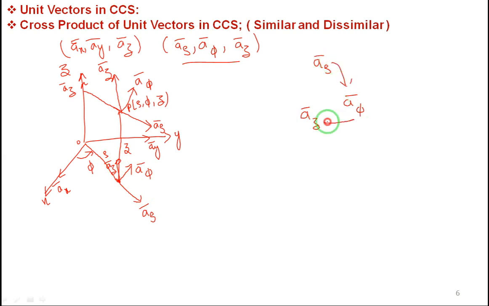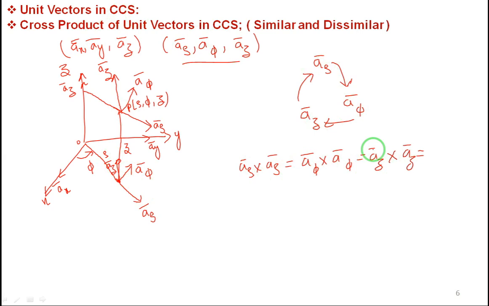I want to take the cross product of similar vectors first: a rho cross a rho, a phi cross a phi, az cross az. So I'll write here a rho cross a rho, a phi cross a phi, and az cross az.